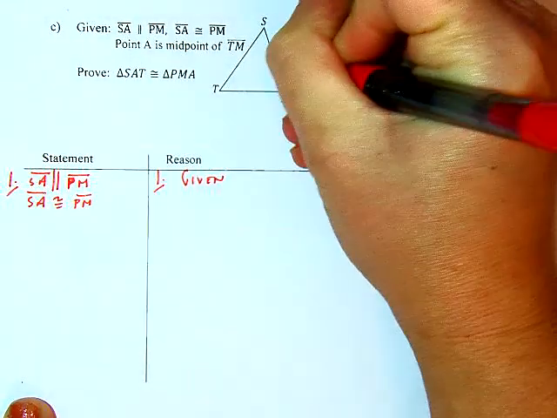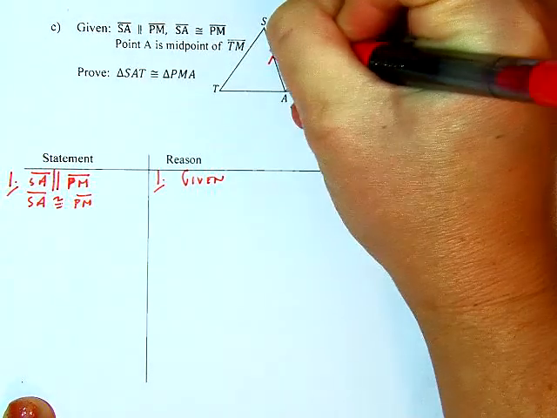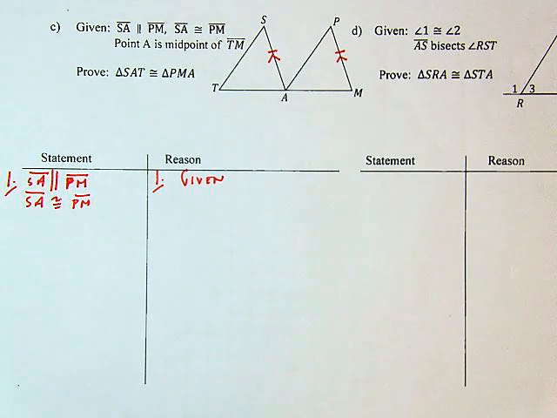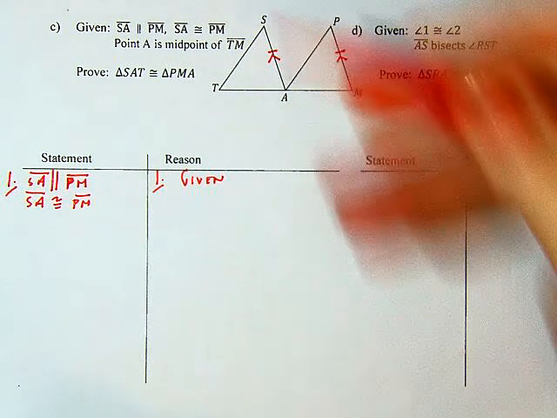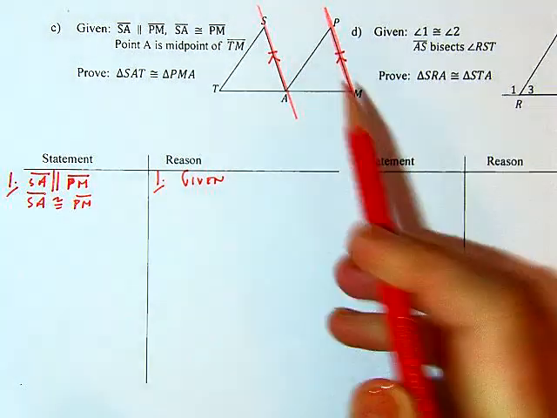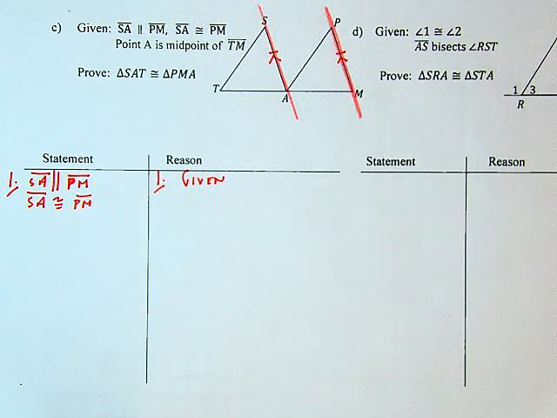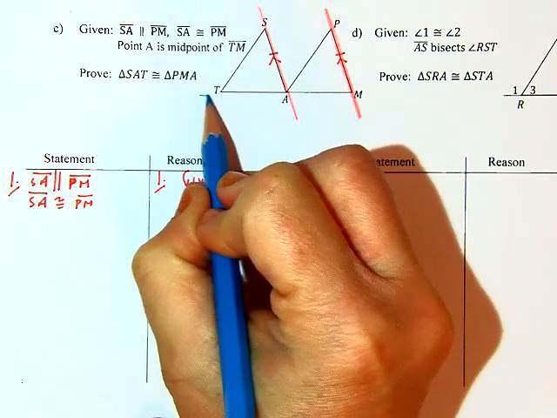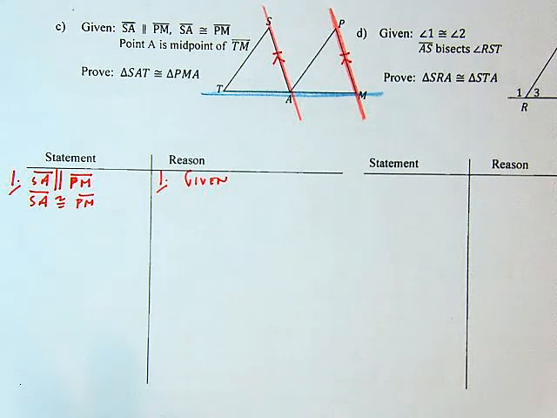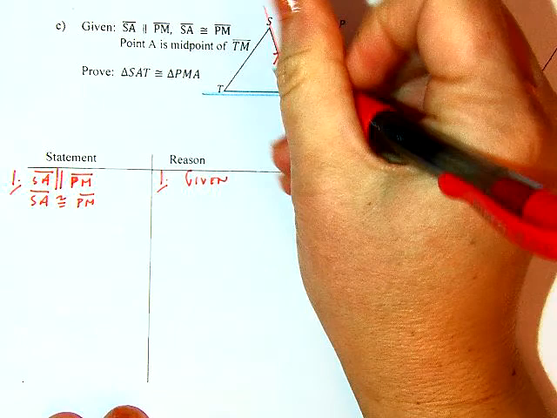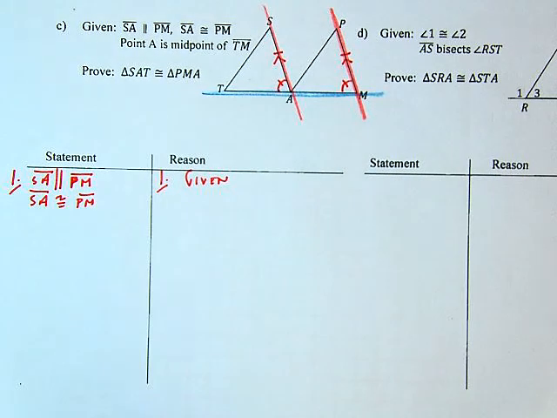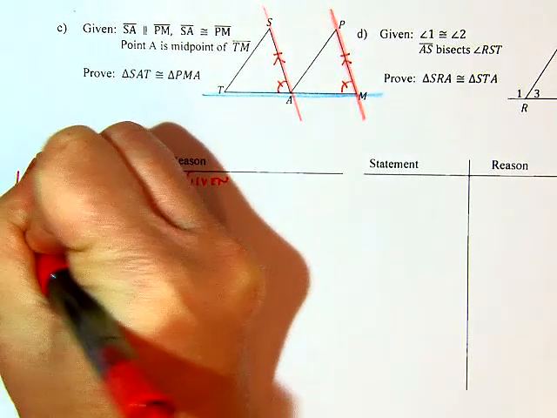All right, so SA is parallel to PM, also congruent. So arrows for parallel, tick marks for congruence. Okay, let me emphasize my parallels. Okay, I'm trying to prove these triangles congruent. So here is my transversal. Okay, so then I see right here and here that these corresponding angles are congruent. So I would go there next.